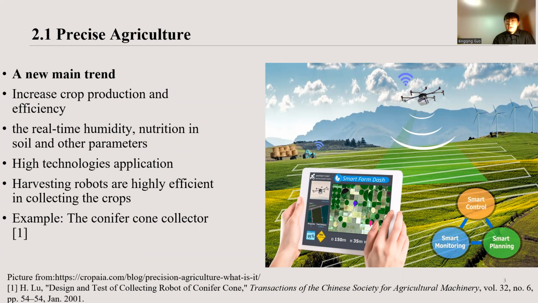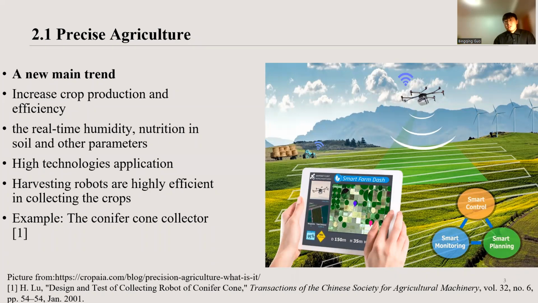This is a new trend in many countries because nowadays we are facing lots of problems such as aging society and extreme weather. All those things leave us a weaker agriculture capacity. Therefore, by monitoring parameters like the real-time humidity and nutrition in the soil, precision agriculture can increase crop production and efficiency.